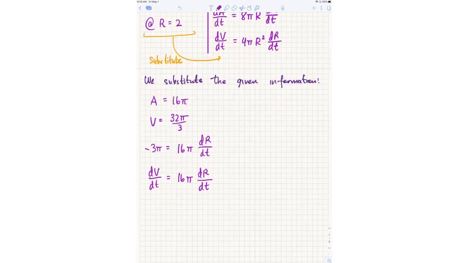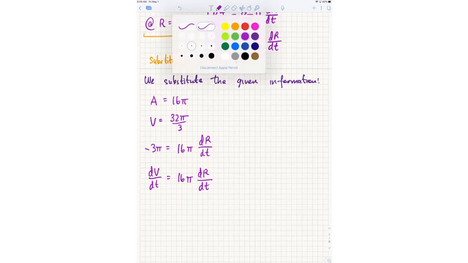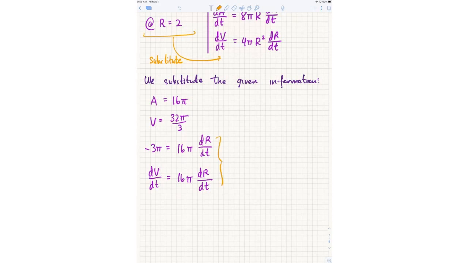But in general, what you would have to do is solve for dr dt and then substitute. It's just a coincidence, because r is equal to 2, that these two numbers happen to be the same. So solve for dr dt, then evaluate dV dt.